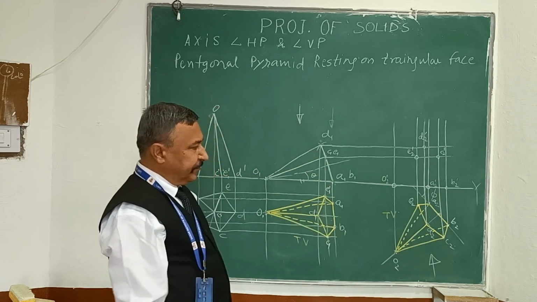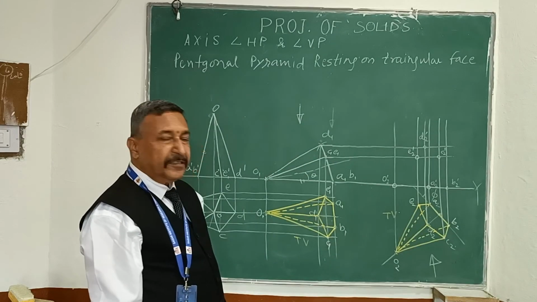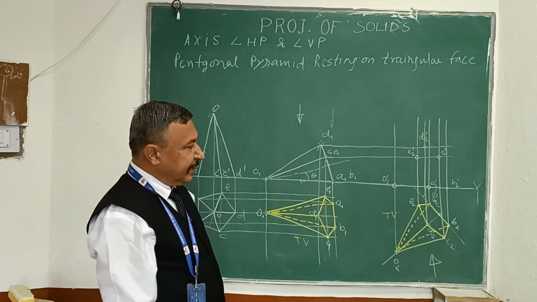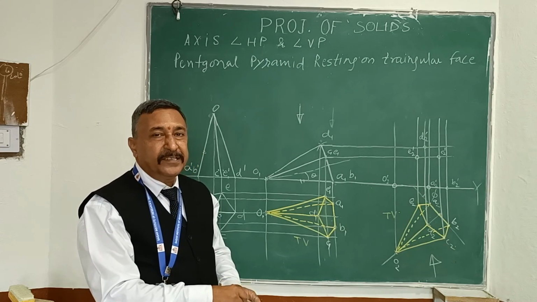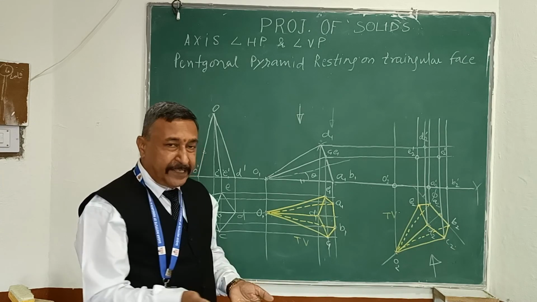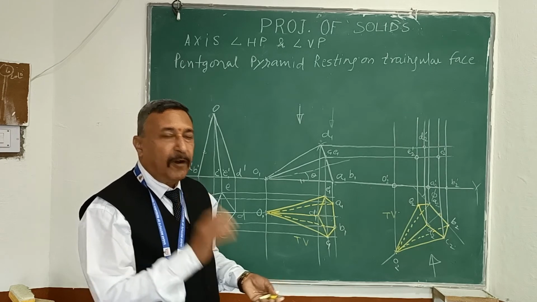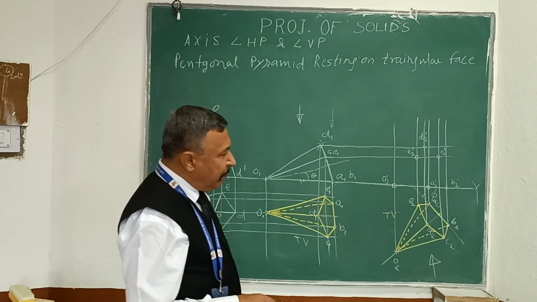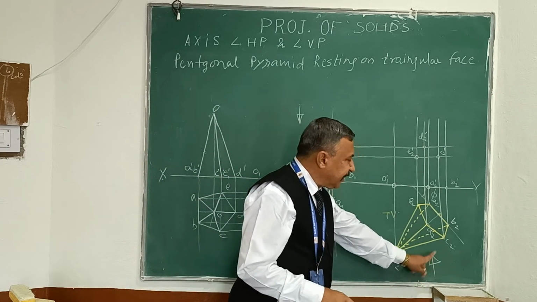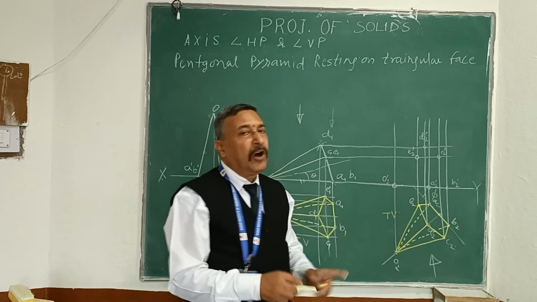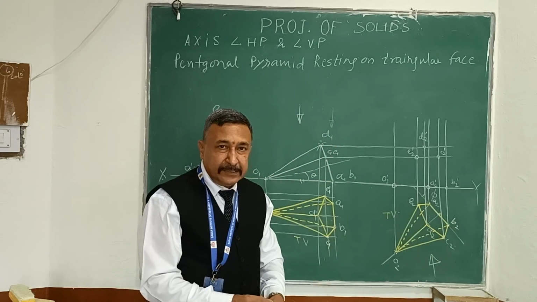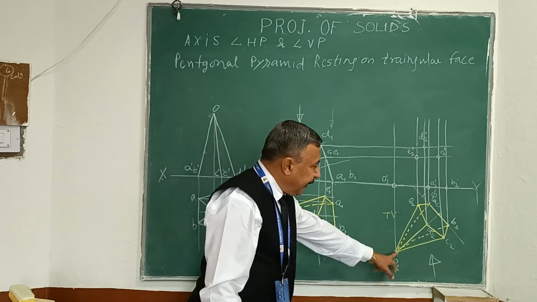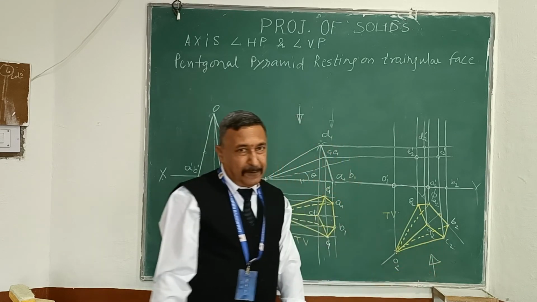See here. This is an arrow showing the direction of the observer. So if from this direction we have to watch this pyramid, now watch here, the apex is nearer to the observer.